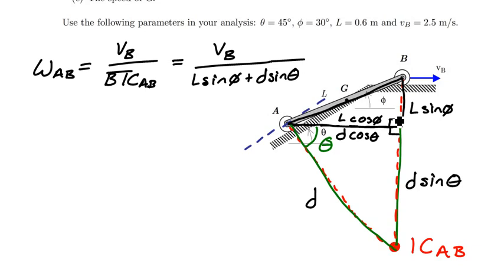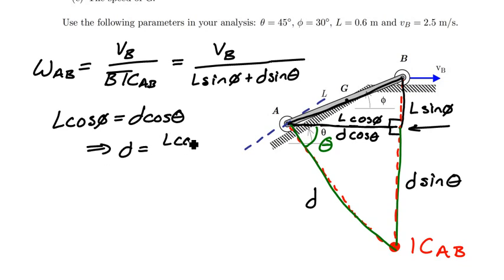Because these two triangles share this middle line right here, I can say that L times the cosine of phi has to equal d times the cosine of theta. And so d is L cos phi divided by cosine of theta. And with this information, omega AB becomes completely known.